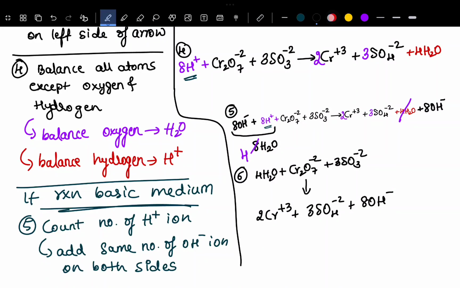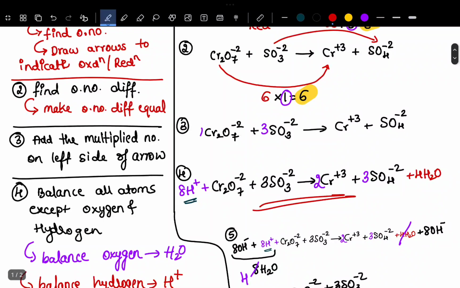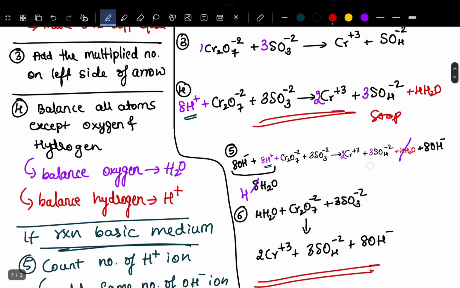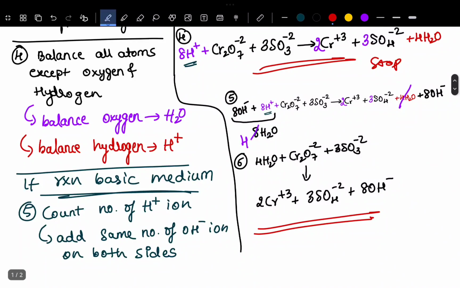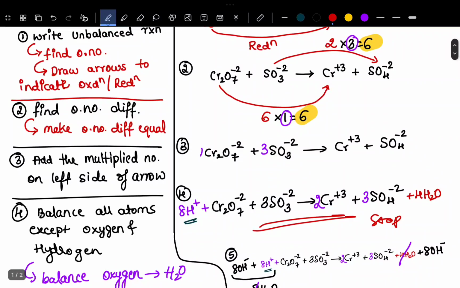So this becomes the final balanced chemical reaction in basic medium. Alright. So this reaction is in acid medium. If the question is asked in acid medium, you just have to stop here. But if the question is asked in basic medium, you just need to add one more step here. That's it. So this is balancing a redox reaction by the oxidation number method.